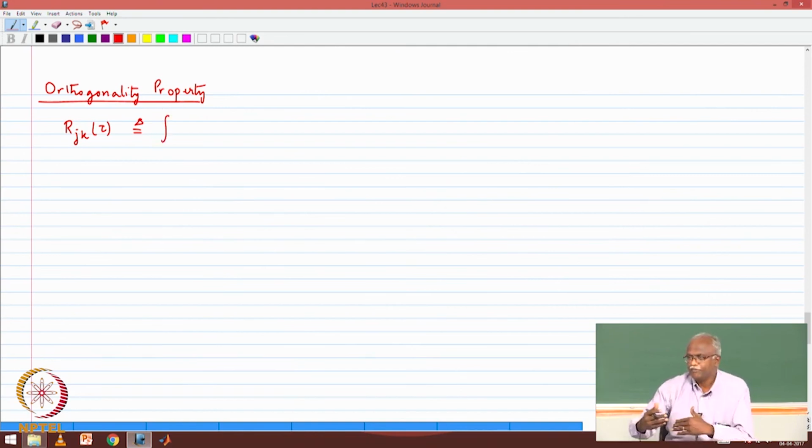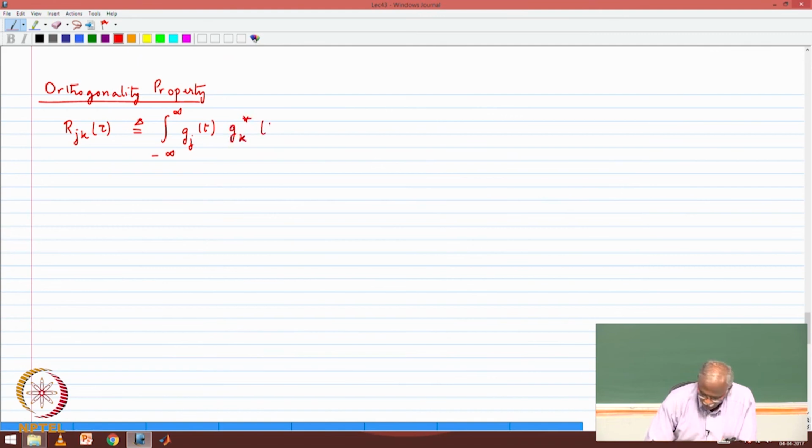These waveforms are defined over a period of time, but because I am shifting them, the most general form is minus infinity to infinity of g_j of t, g_k star of t minus tau, dt. So basically I am correlating the waveform of user j with user k.